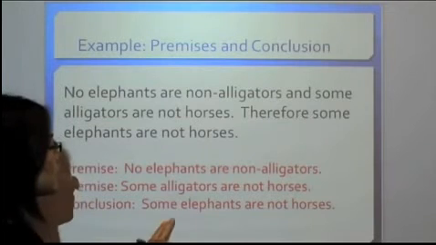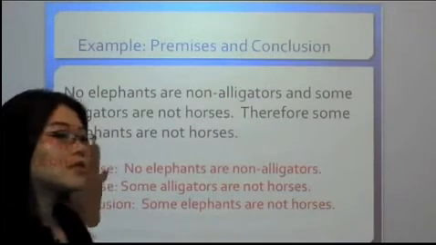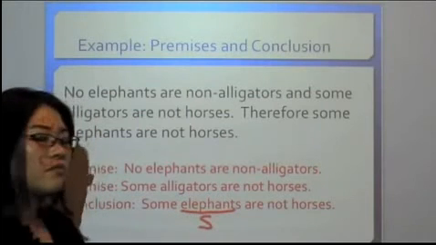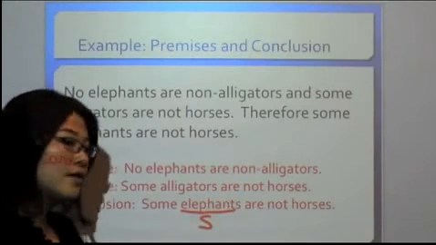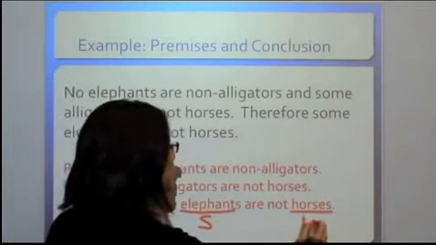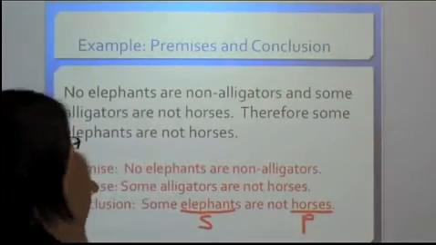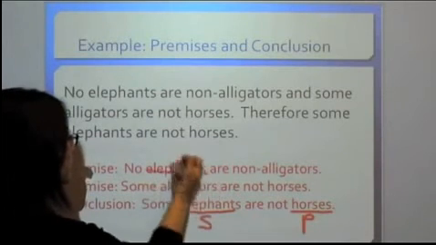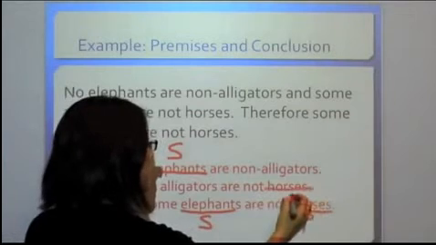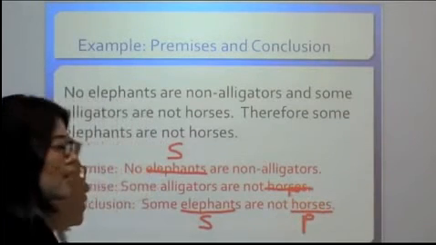Okay, so notice some elephants are not horses is our conclusion. So that will tell us that elephants is our minor term, which we will represent with an S, and horses will be our major term, which we will represent with a P, okay? And we have elephants up here, okay? And we have horses up here, okay, which is a P, okay?